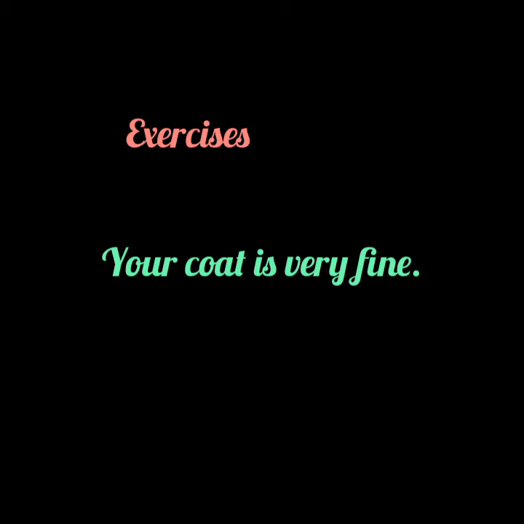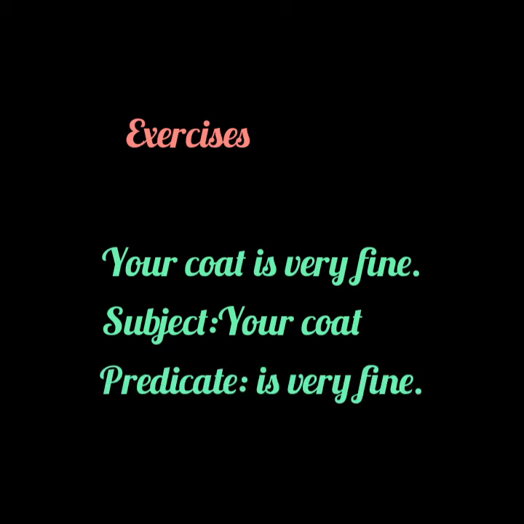The first sentence is, your coat is very fine. In this sentence, we are going to find out the two parts of the sentence, that is subject and predicate. You can start with the subject, or you can also find out the verb first. That is, in this sentence, the verb is.